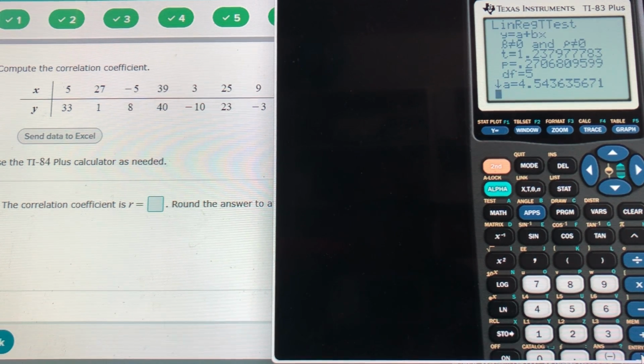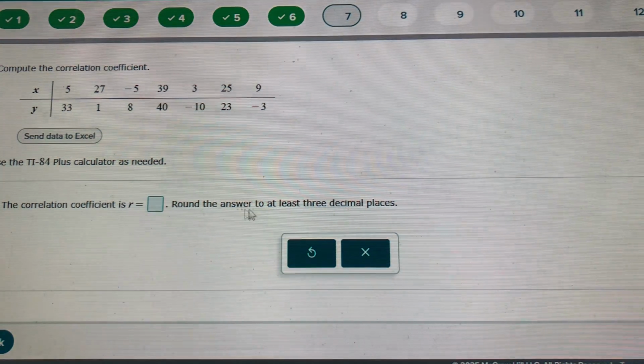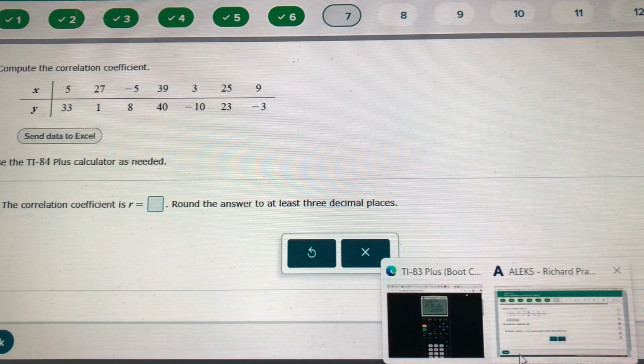There's a bunch of numbers here, and some of these won't make sense to you until we learn more chapters. But notice the down arrow, go all the way to the bottom. There's R. R is called the correlation coefficient, and it measures how strongly 2 variables are related to each other. Round to at least 3 decimal places.